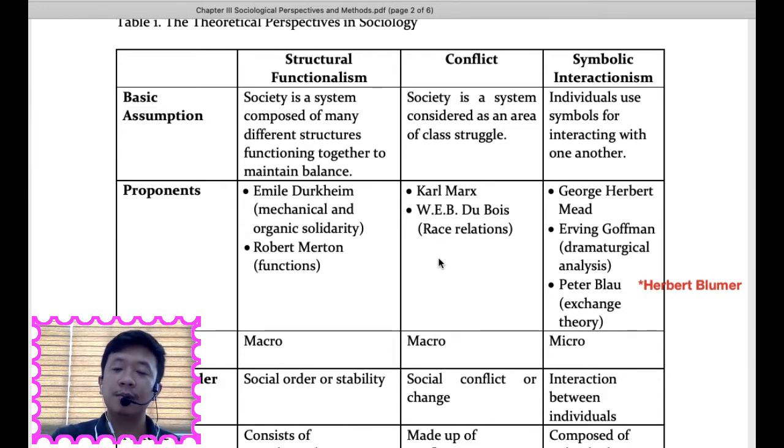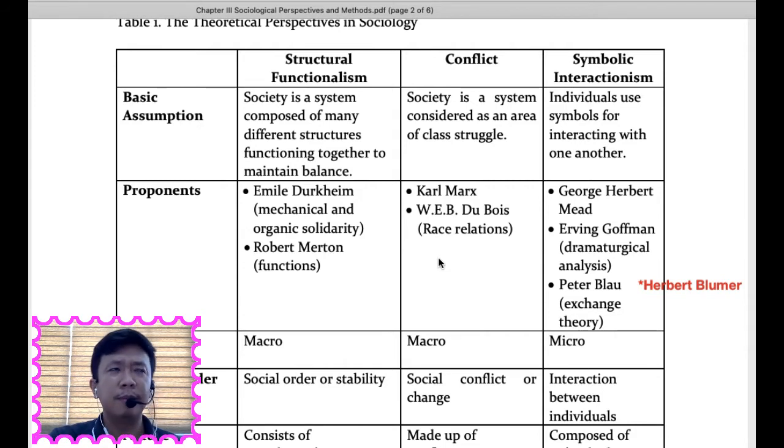Okay? And symbolic interactionism ay madami rin ang nag-advocate nito. Malimit na sinasabi palagi si Herbert Mead, tapos sina Goffman, at saka si Peter Blau. Ngunit ang gusto kong i-highlight din dito ay yung mismong nag-articulate at nag-flesh out ng symbolic interactionism as a perspective. No?